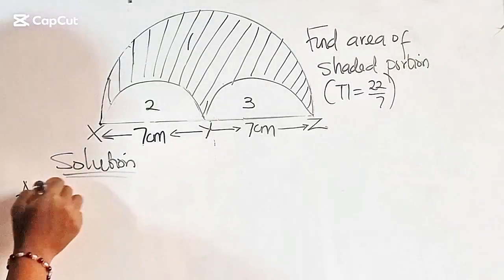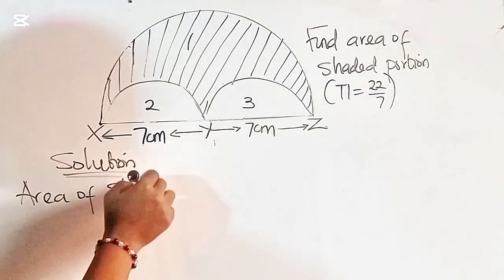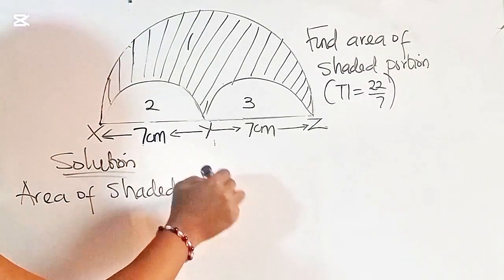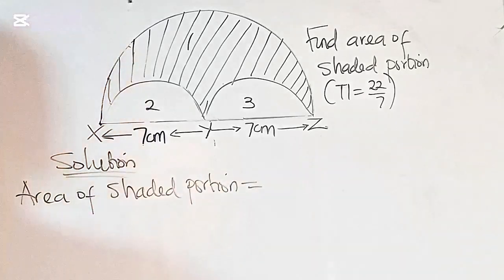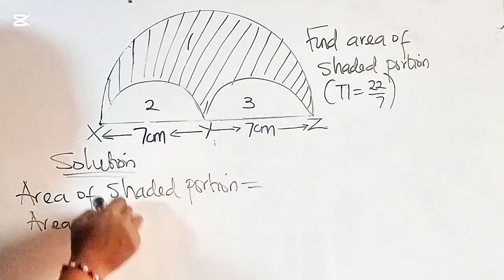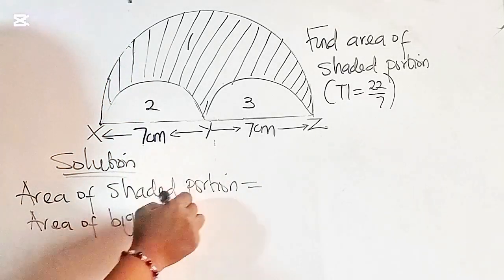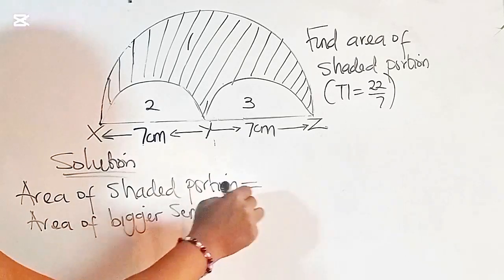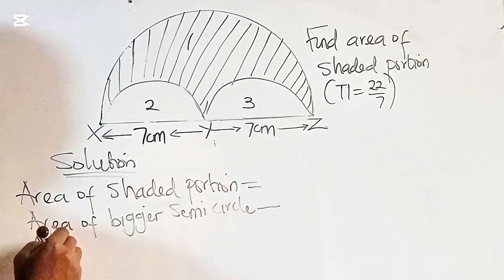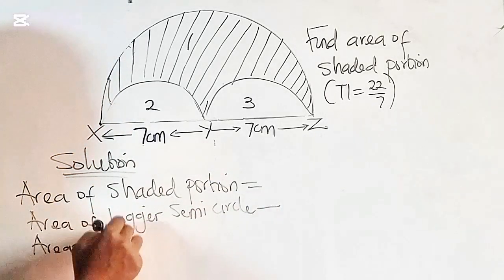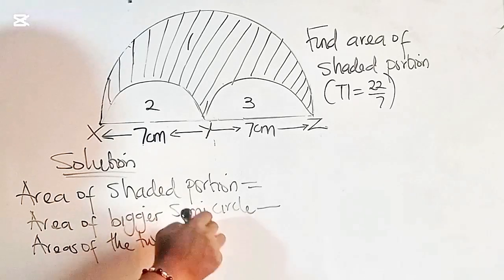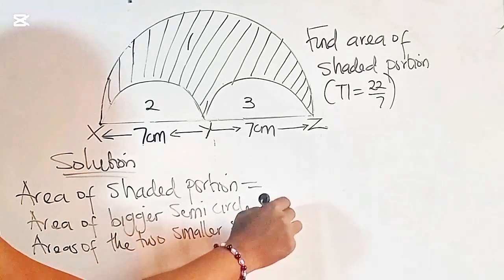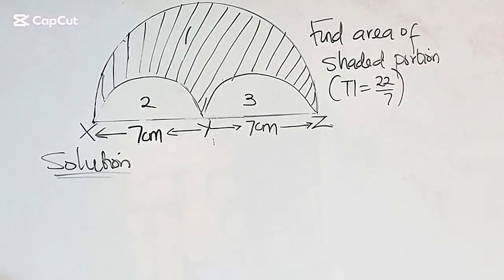So area of shaded portion is equal to area of the bigger semicircle minus the areas of the two smaller semicircles.